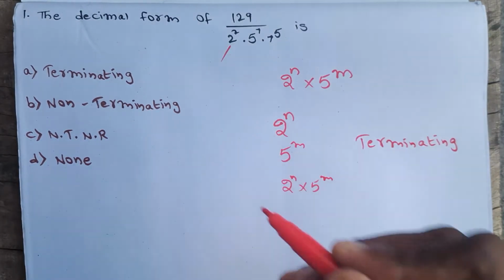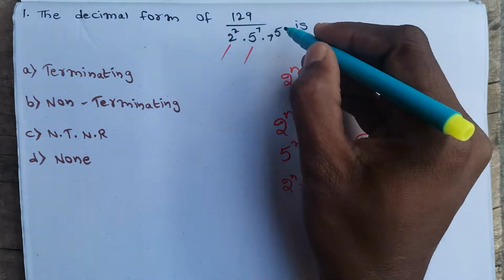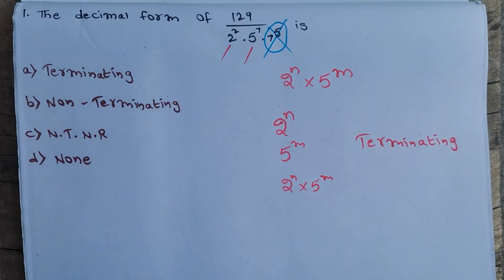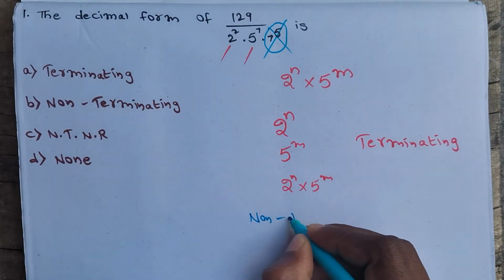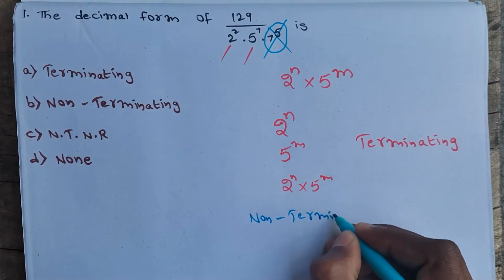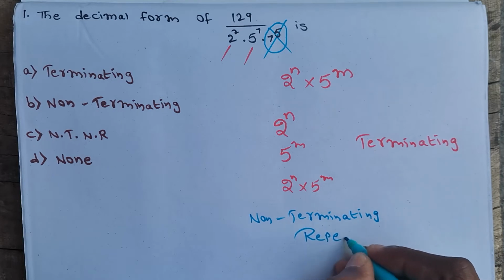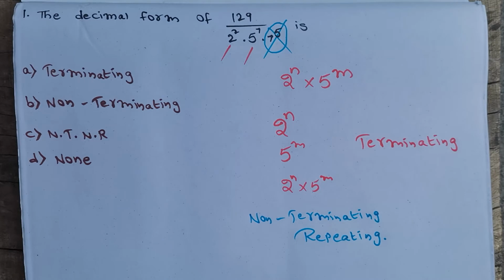Here 2 power something is there, 5 power something is there, but besides that some other extra factor is there. So that's why this is a non-terminating repeating type of decimal.